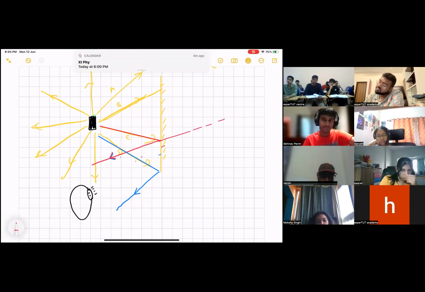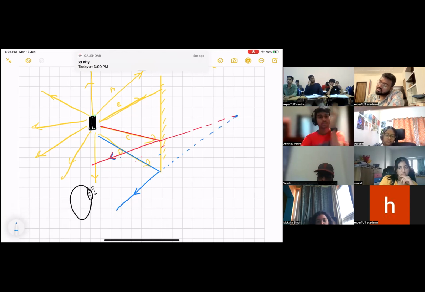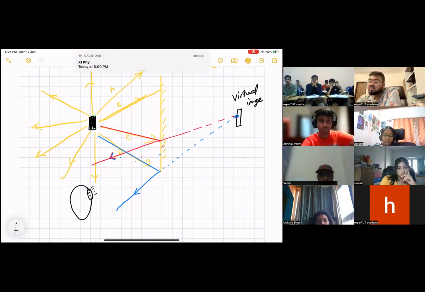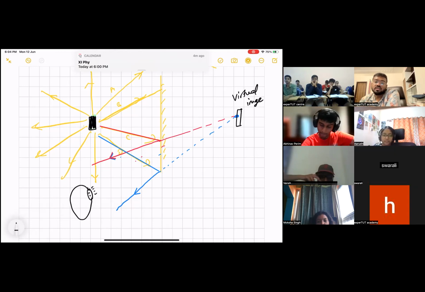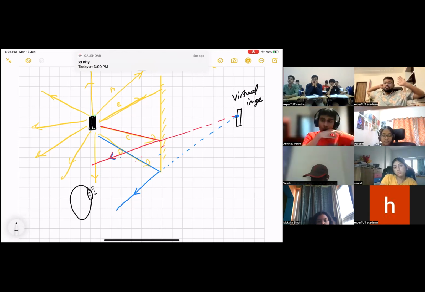The blue one will also be produced backwards, and this is called the virtual image. Understand that there is no candle at the back of the mirror. It does not exist there. Because you're trying to see, you are seeing a candle or a block behind the mirror.